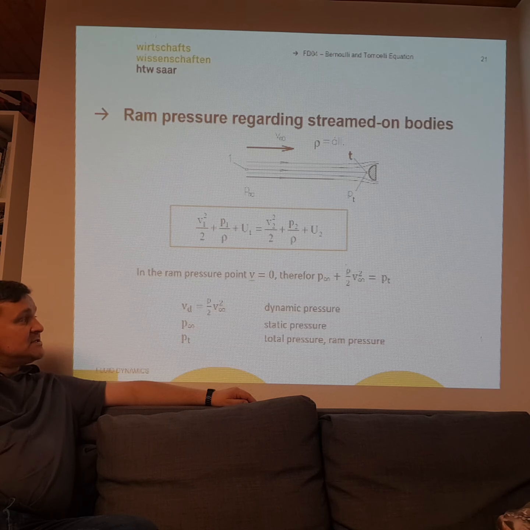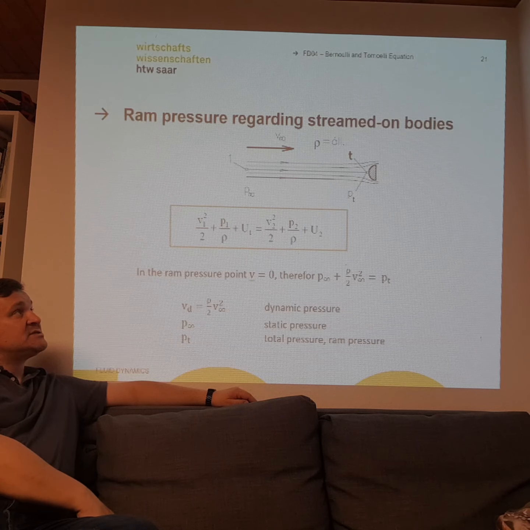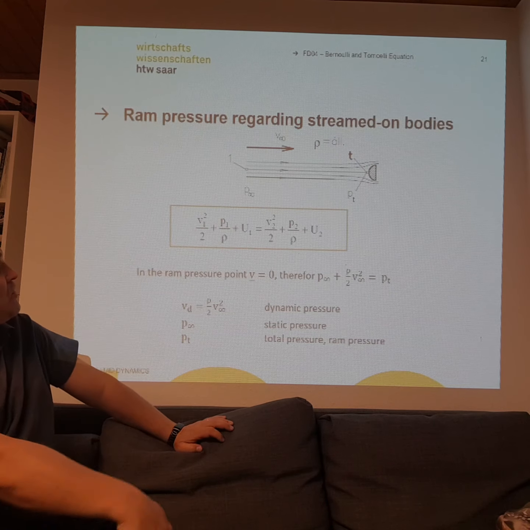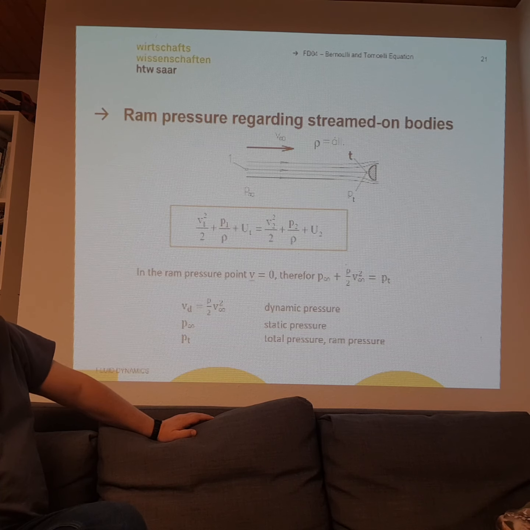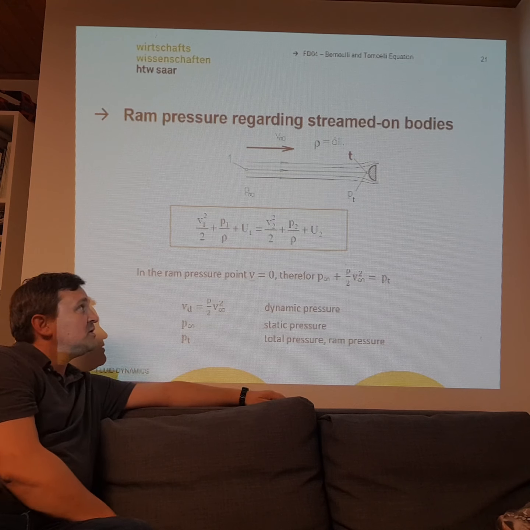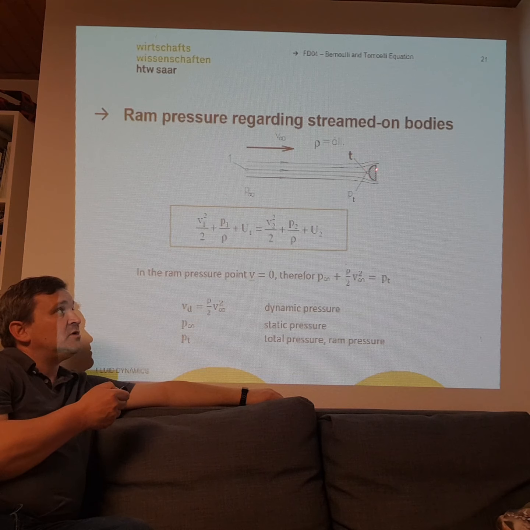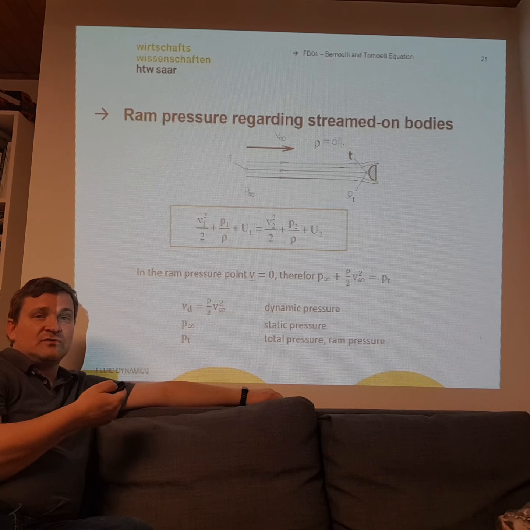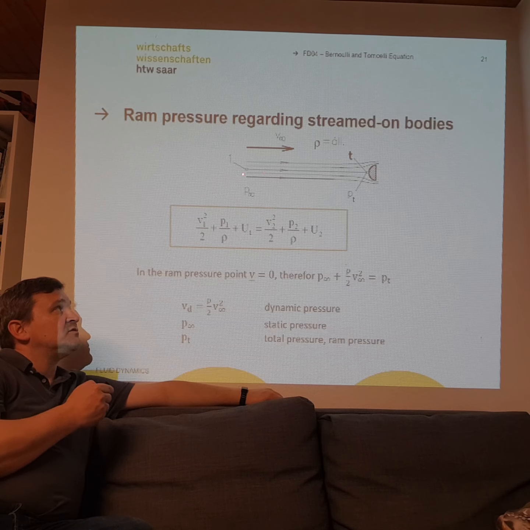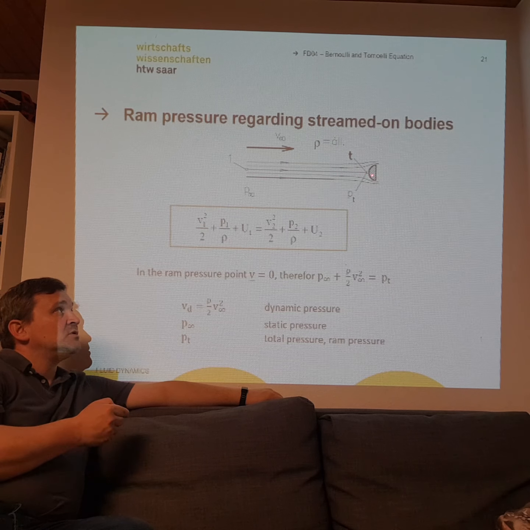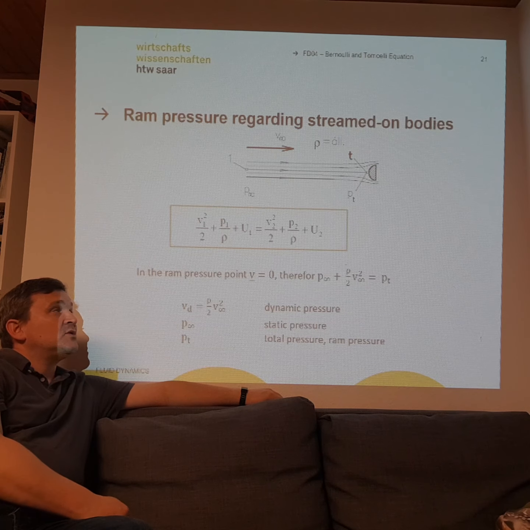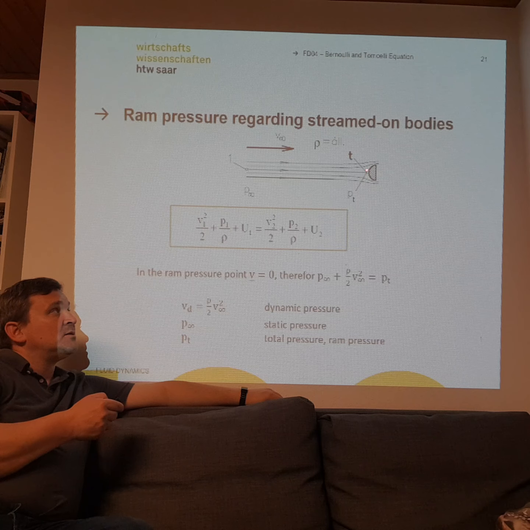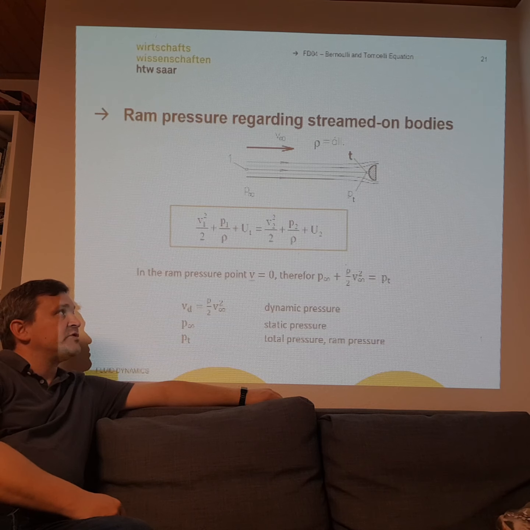Okay, here's another picture of a ram pressure on streamed bodies. If you have a body like a ball, a football or a bullet of a rifle, and you have a fluid flow, and you get a stream on this ball, then you will always get a pressure on this body.